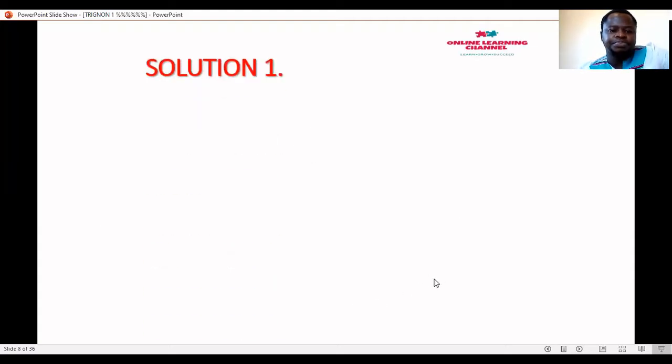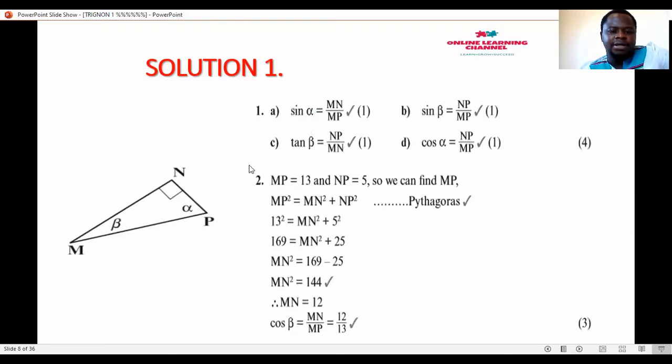So now, sin alpha will be MN over MP. Then tan beta will be NP over MN, and then cos alpha will be adjacent NP over MP.